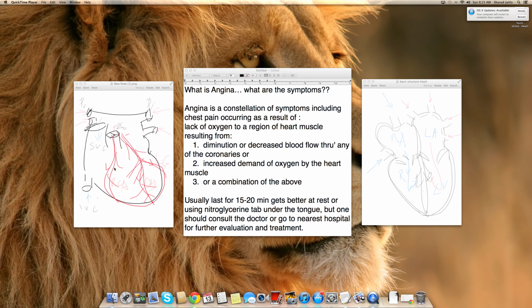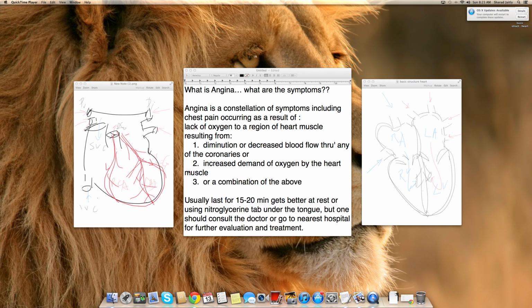So any diminution or decreased blood flow through any of these coronaries, or an increased demand by the heart for any reason, like overexertion, stress, mental or physical, or anything that requires increased oxygen, like severe infections, for instance, or when the body is going through a metabolic change where oxygen is required to be delivered at a higher level to the various organs, including the heart.